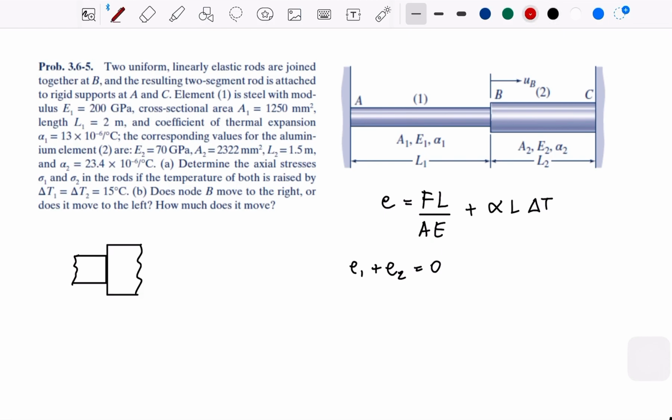We are going to see the internal force F1, and then we have the reaction from the materials, F2. This is B. From here, we can say that the internal forces need to cancel each other, so F1 is equal to F2, or we can just say it's F. So when we put it into our equations, we can cancel this F.